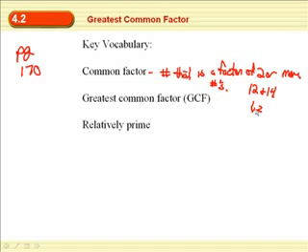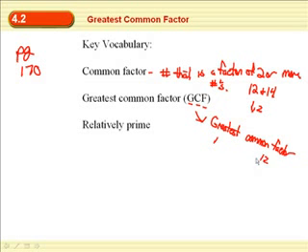Common factors. Okay, so then GCF, greatest common factor, would be, for lack of a better way to say it, the greatest common factor. So let's take that 12 and 14 again. Let's do all the factors of 12: 1 and 12, 2 and 6, 3 and 4.